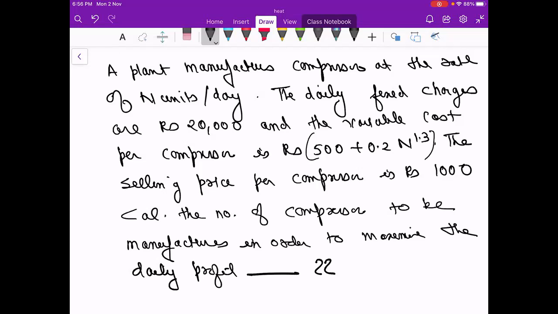Solve it fast. Ritik, correct. 21591, correct. Chandana, correct.